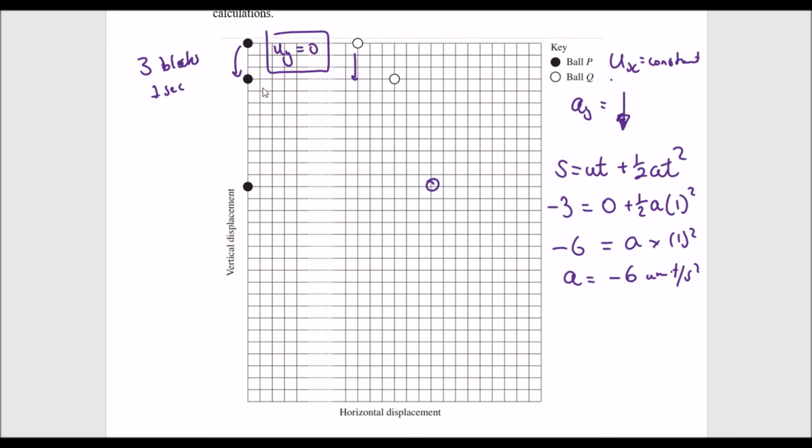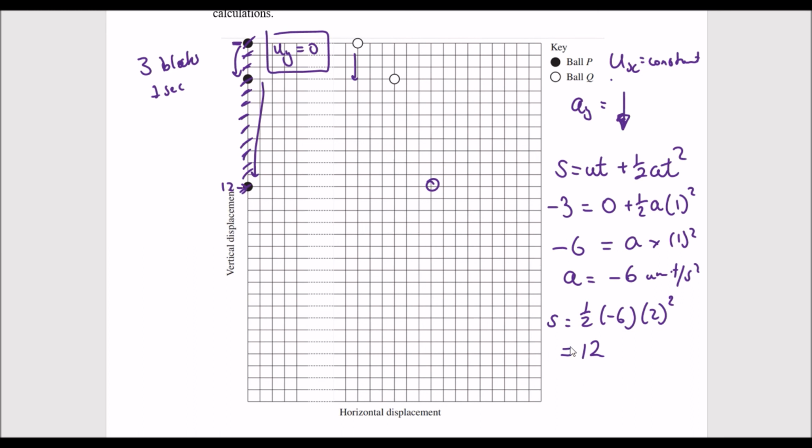You could cross-check that you have the right number of squares here as well. So if I did 2 seconds, so S equals half times -6 times 2 squared, you'll find that the ball should have traveled 12 boxes. So if you look at that, 0, 1, 2, 3, 4, 5, 6, 7, 8, 9, 10, 11, 12. Okay, so 12 dots there.